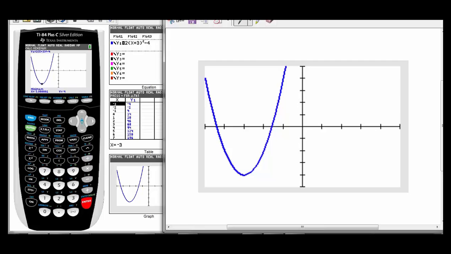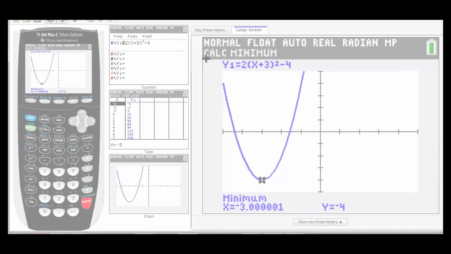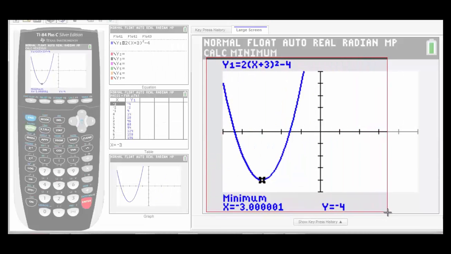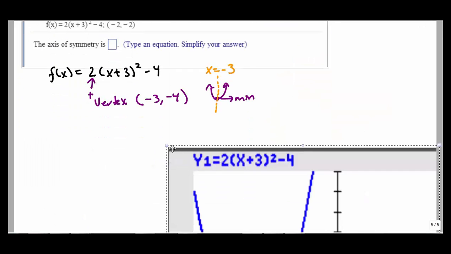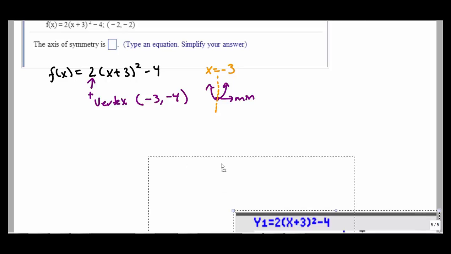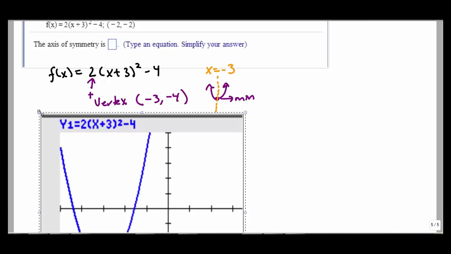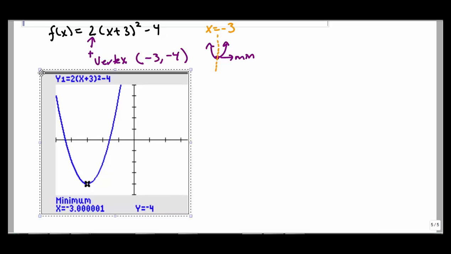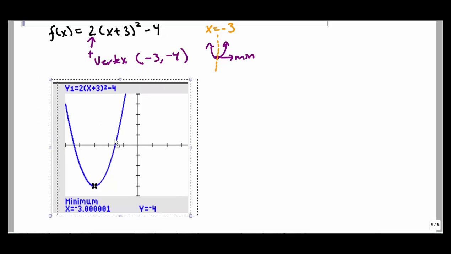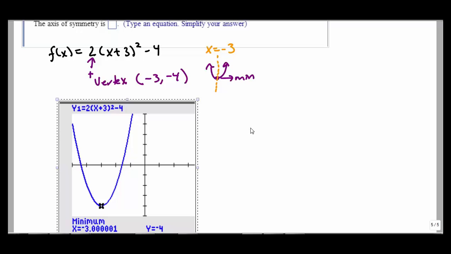So let's put that into our lecture notes. So -3, -4. Okay, so vertex matches exactly what we thought.